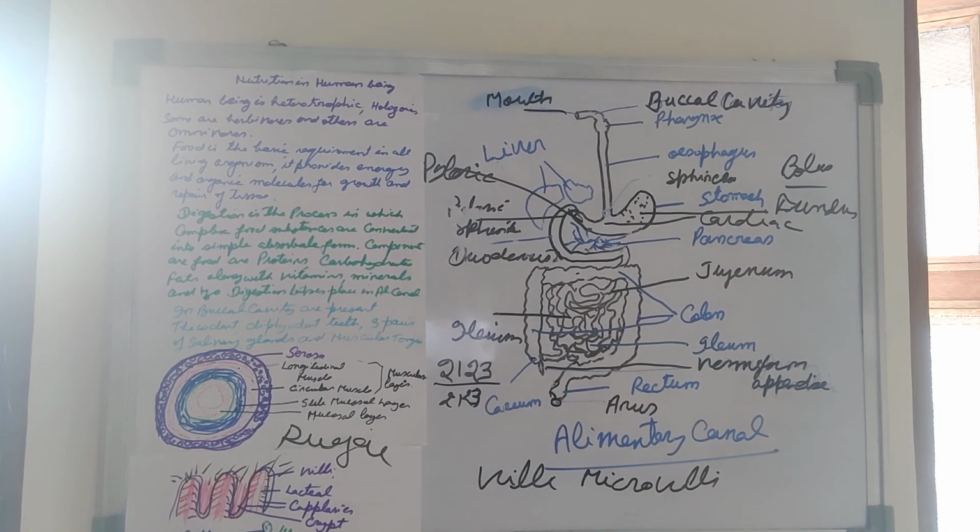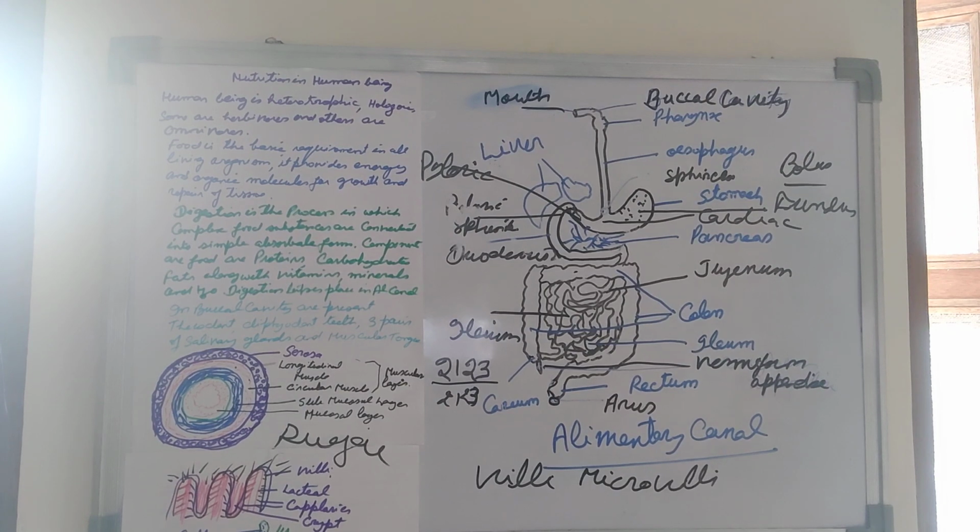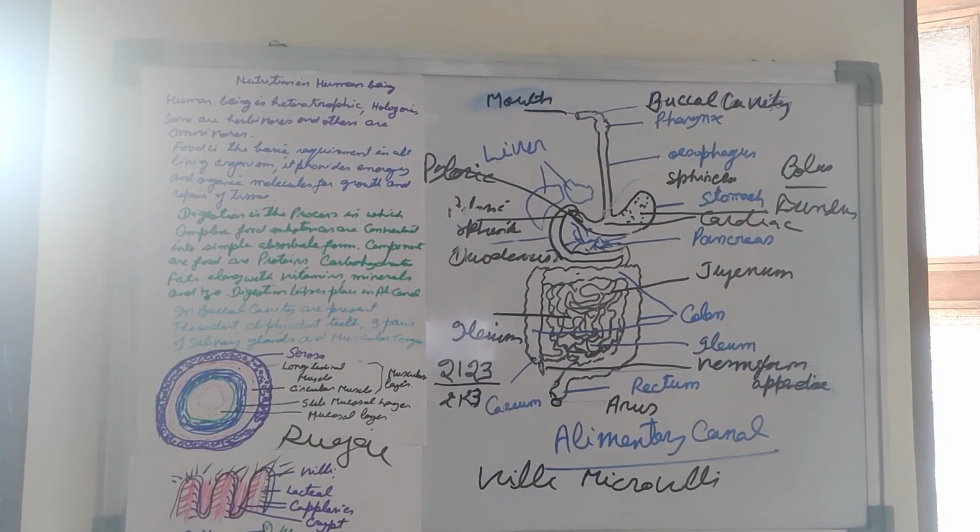The exocrine part releases many enzymes which act upon carbohydrates, proteins and fats of the food material and ultimately digest them into smaller molecules which are fit for absorption. Also in the intestine, in the mucosal layer, there are goblet cells. They secrete mucus, and some intestinal juices are also formed.